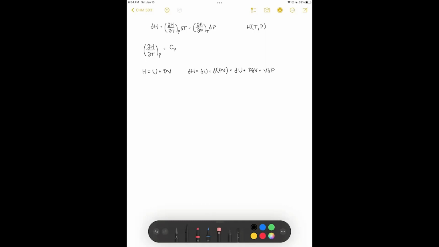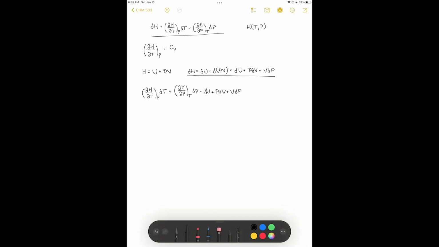What we'll do now is set these two different definitions of dH equal to each other to figure out what we can say about dH/dP at constant T. So we have one expression of dH here. We have a second expression of dH up here. So we'll say that the partial derivative of enthalpy with respect to temperature at constant pressure dT, plus the partial derivative of enthalpy with respect to pressure at constant temperature dP, is equal to dU plus PdV plus VdP.